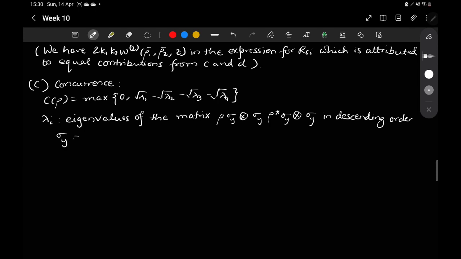And sigma y is the Pauli matrix, this particular Pauli matrix. And this symbol over here is the tensor product. So tensor product of sigma y with itself is the following.